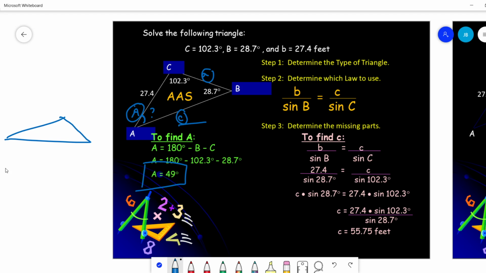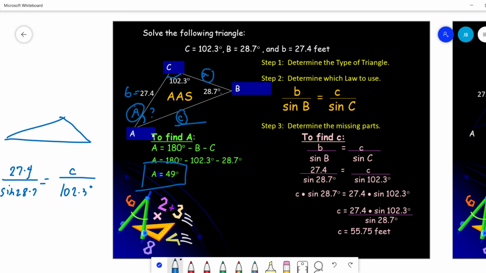That's side B. So 27.4 over sine 28.7 is equal to, again class, we are finding side C, so C is unknown, over the angle for side C, which is sine 102.3 degrees.